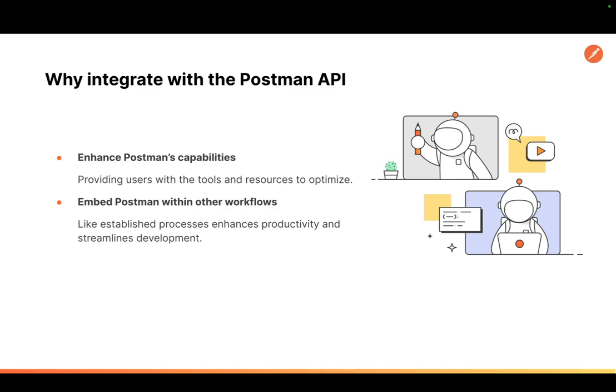My work as an API architect is to help Postman API users integrate in order for them to enhance Postman capabilities so that they can create their optimal tooling, or they can embed Postman in their workflows.